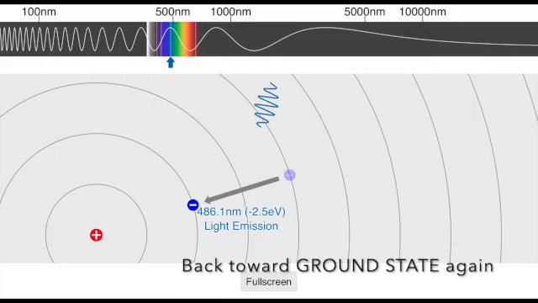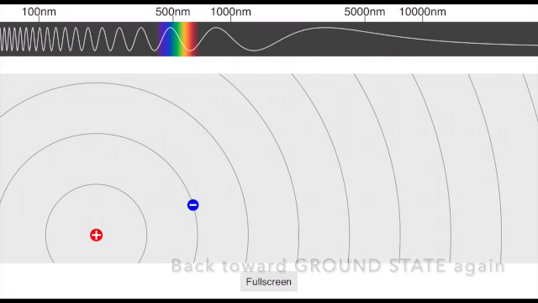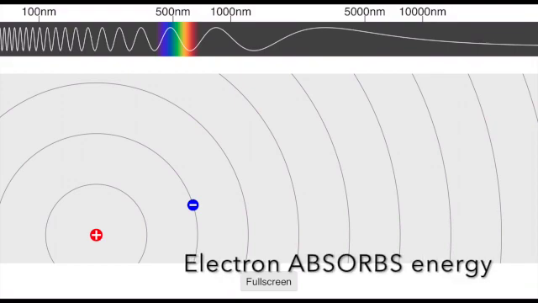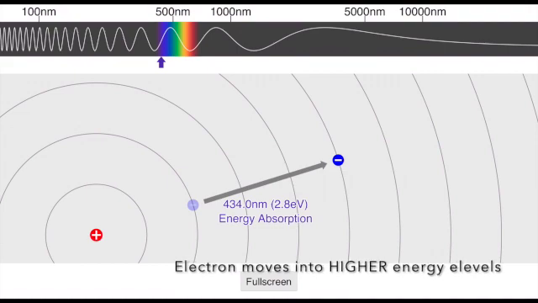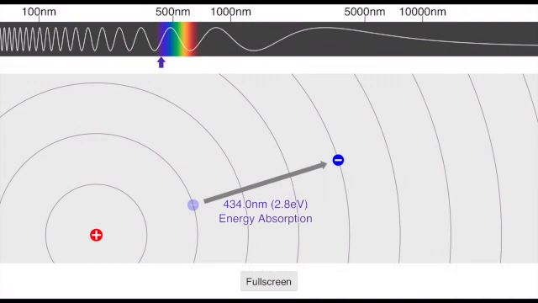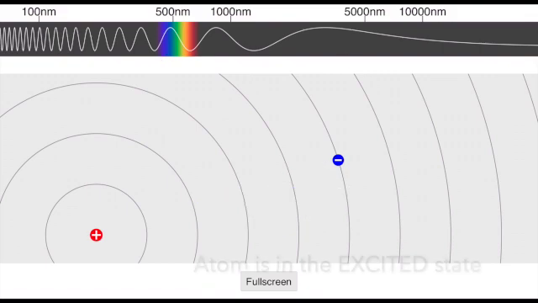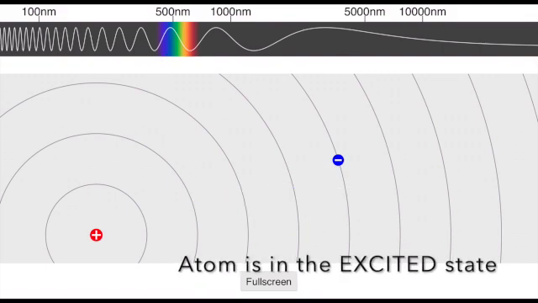As you are seeing, these are specific colors that hydrogen will produce when it absorbs and releases energy. Let's see if it goes from that second energy level up. 1, 2, 3. Now it absorbed 434 nanometers wavelength. And we see that is kind of on the edge of the visible part of the spectrum. And if it jumped all the way up there, now it's even more in the excited state.